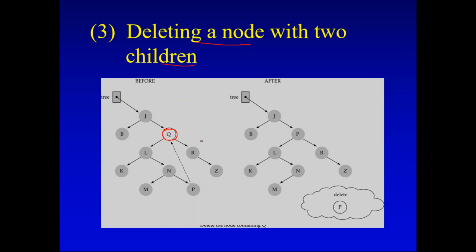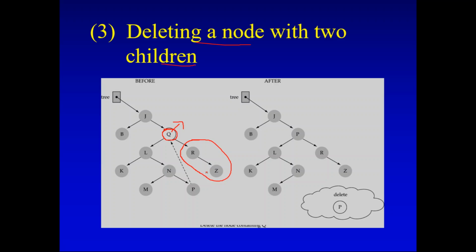what you have to do is find the infix successor of Q. What will be the infix successor of Q? The infix successor of Q will be the smallest node in the right subtree.